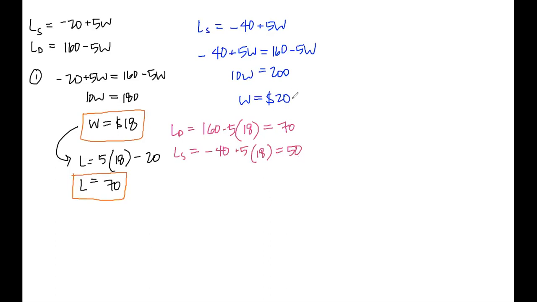So we can see that the level of employed is 70, and then the amount in the labor force is 50. So you should be thinking that this doesn't really make sense. How can you have the amount of people employed be greater than the amount of the labor force? So what's happening is there's a shortage.